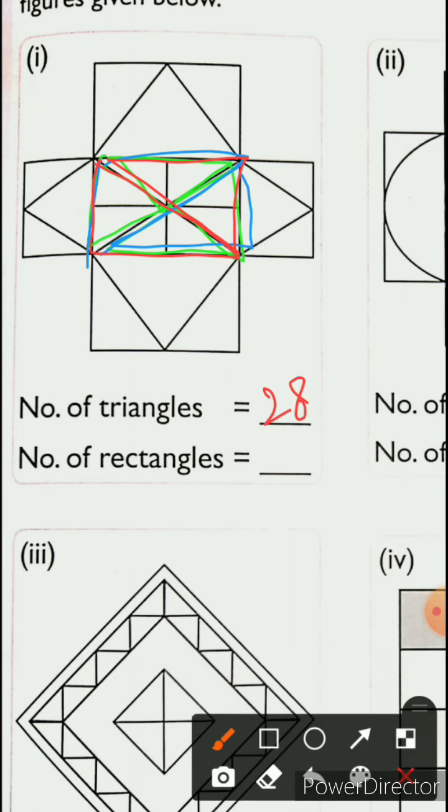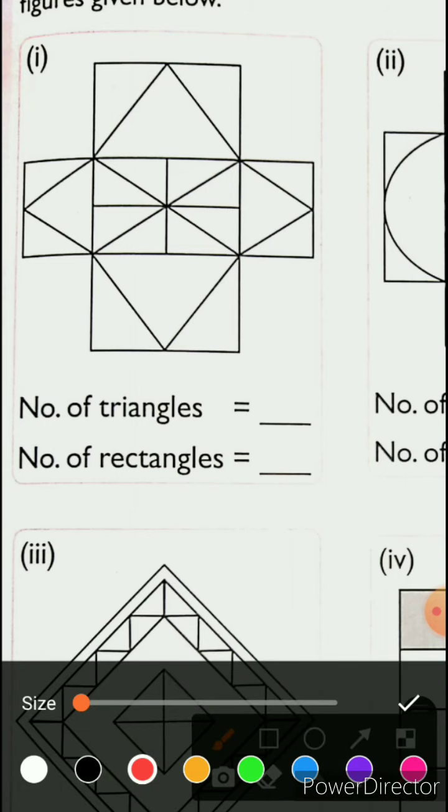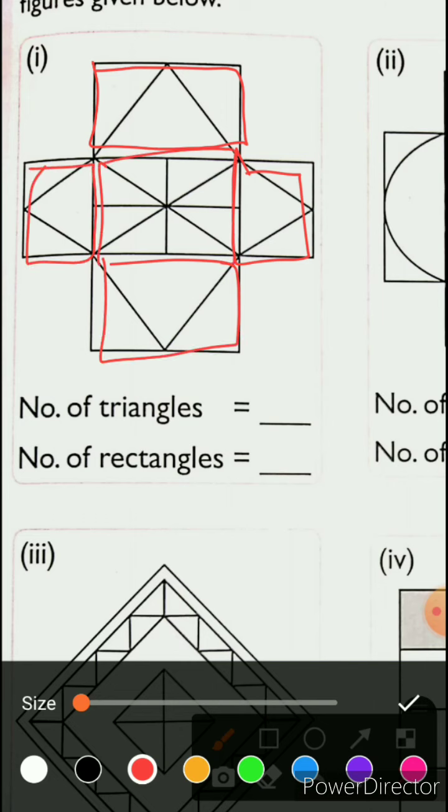Okay, now let's check the number of rectangles. So that is your first, second, third, fourth and fifth. Okay, 5 rectangles.